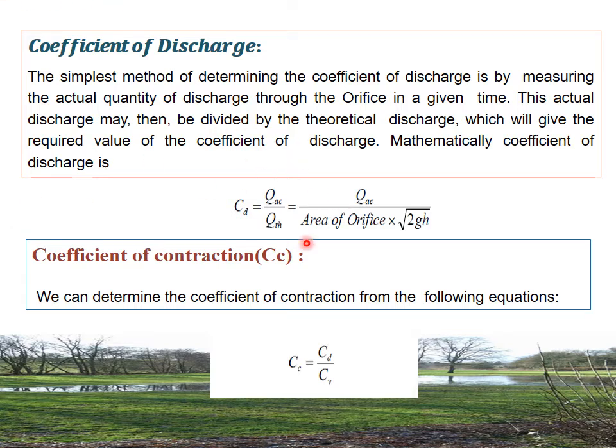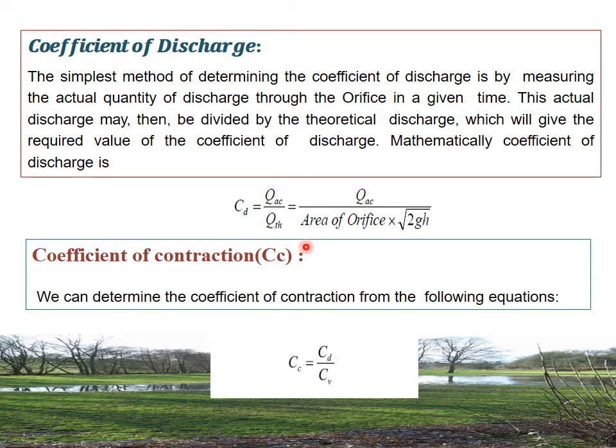Theoretical discharge equals area of orifice into theoretical velocity. The coefficient of discharge equals actual discharge by theoretical discharge, that is, actual discharge by area of orifice into theoretical velocity.